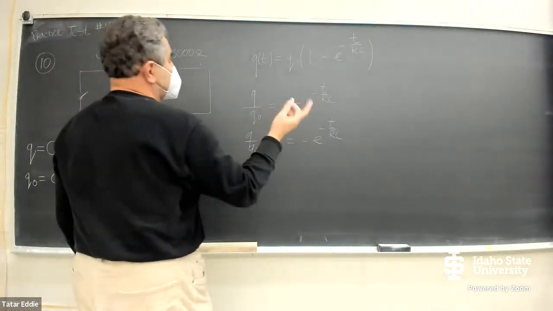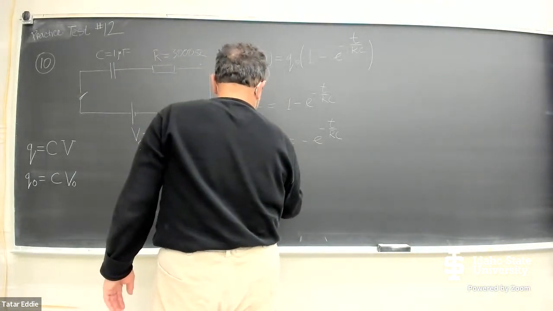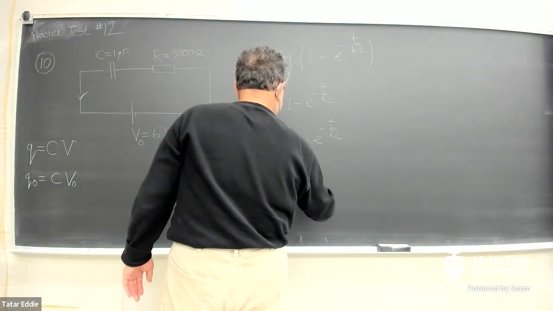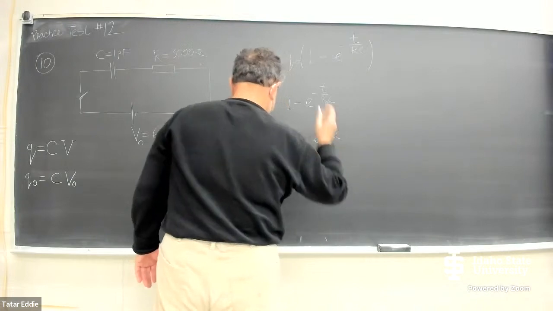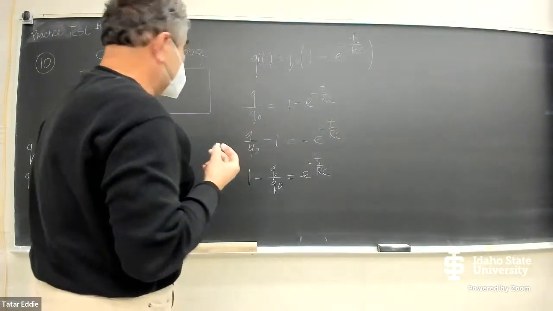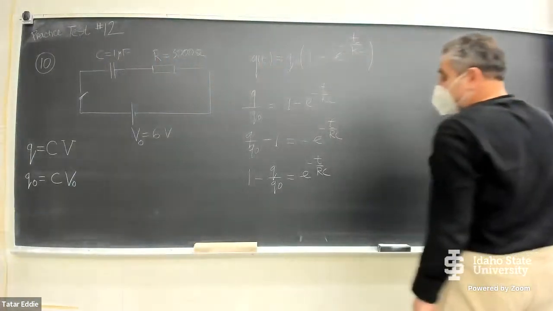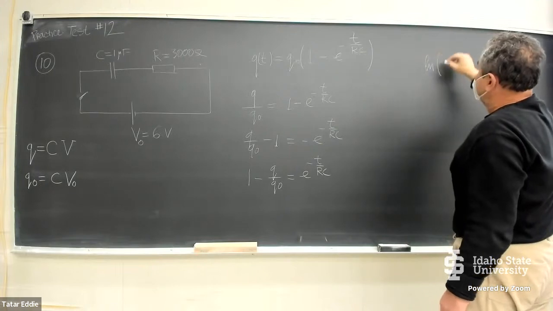And multiplying both sides by minus 1 gives you 1 minus Q over Q naught is equal to the exponent. And now taking the natural logarithm of both sides.